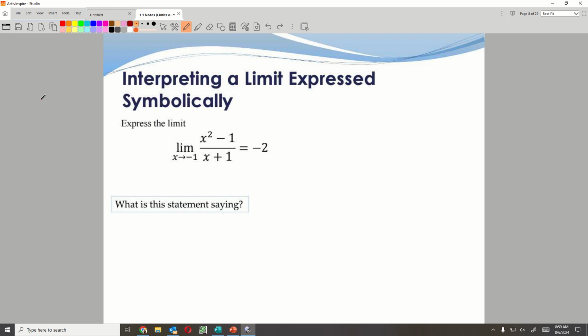So that's the number it is approaching, but can I just plug in negative 1? Why can I not plug in negative 1?